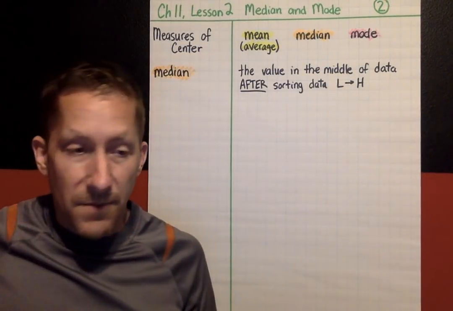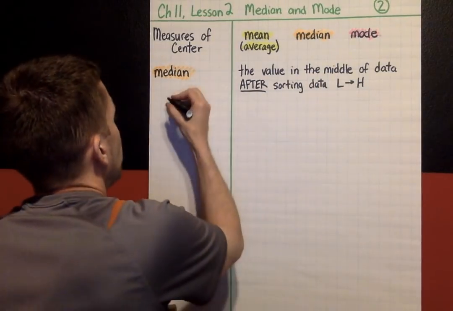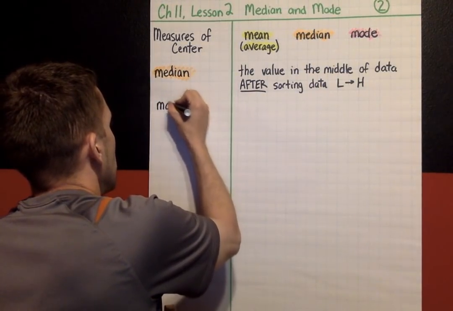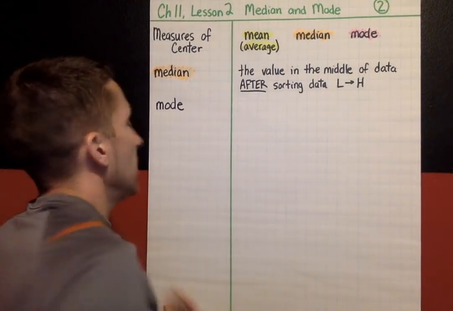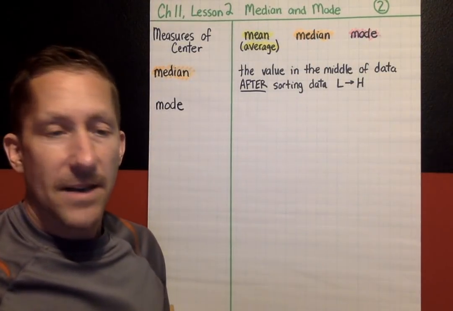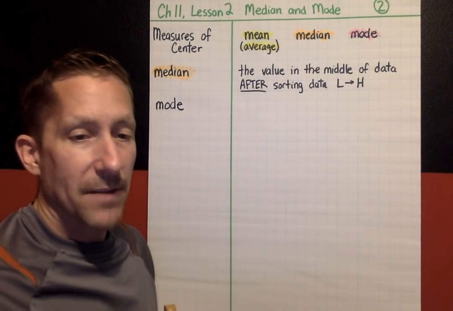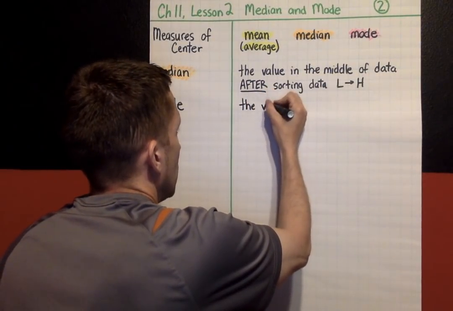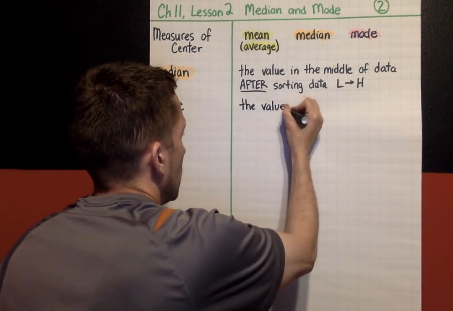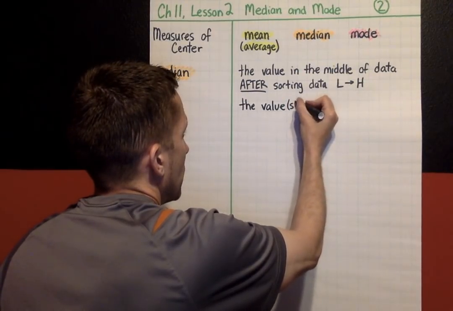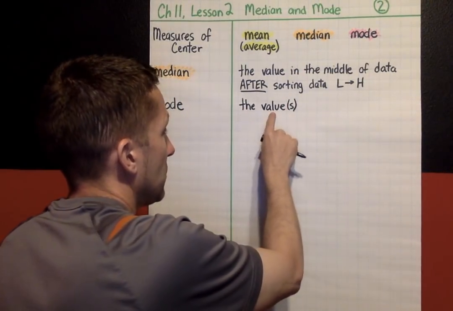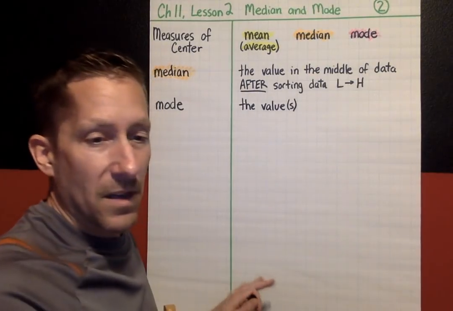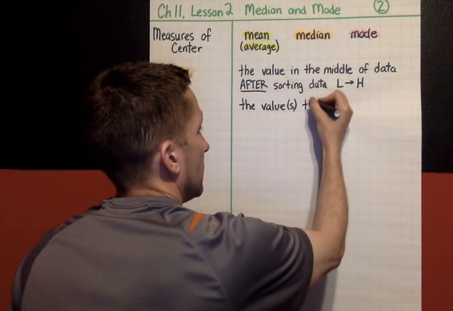The mode of your data is simply the value that happens most, or the value that occurs most often. And sometimes you might have more than one mode. I'm going to say the value or values that occur most often.